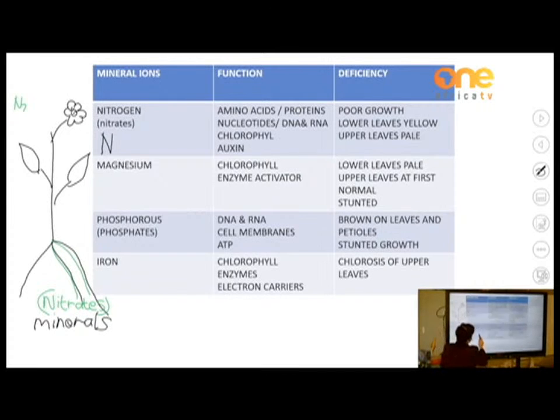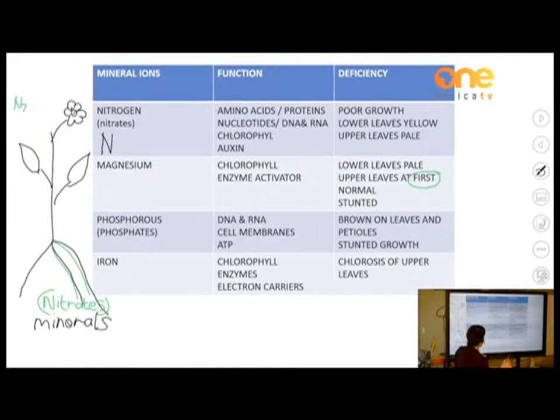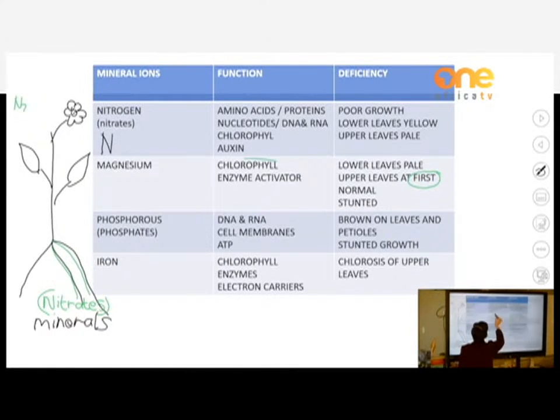And with magnesium, your upper leaves first will look pale and yellow. But there's also chlorophyll, and it's needed for the enzyme. My plant will grow with difficulty. Lower leaves pale, upper leaves at first normal.